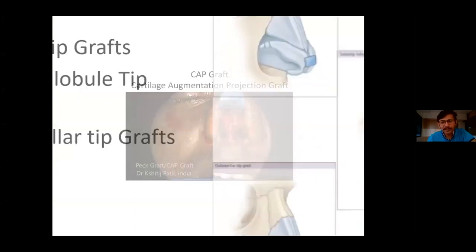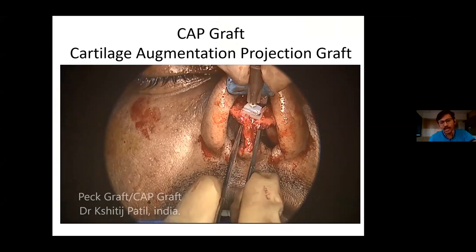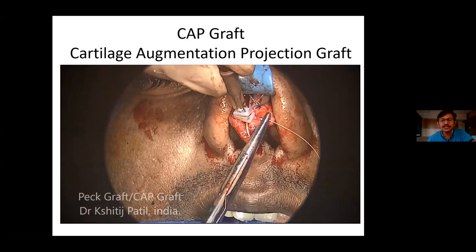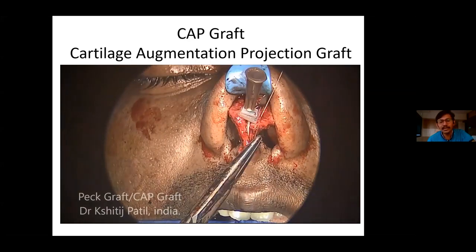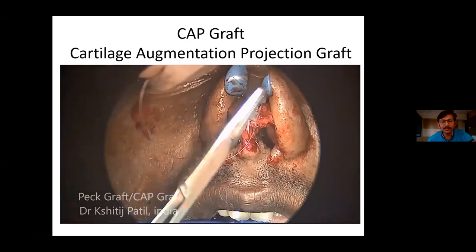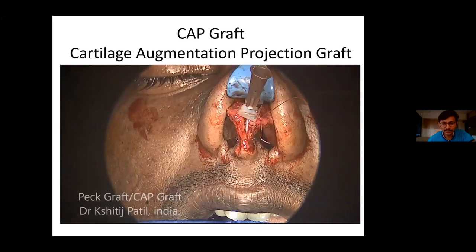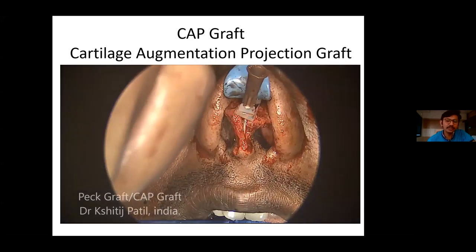So coming to cap graft, it is a cartilage augmentation and projection graft. So after taking tip sutures and a columella strut, now as you can see here, I'm taking a multi-layered cap graft or a Peyk-Onlay graft. So it's better to fix it with a needle first, and then you can fix it on the tip.